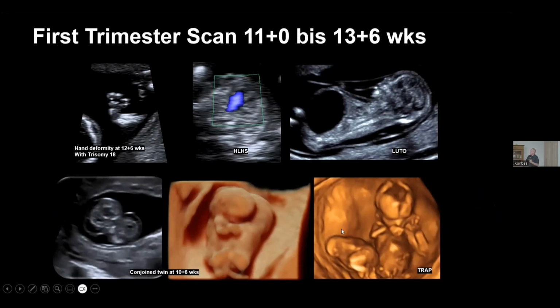We have here also a few cases. That was a hand deformity very early. The case was trisomy 18, not a good prognosis. We have a hypoplastic left heart syndrome detected at 12 weeks. And we have also some cases that were a typical example for a LUTO, lower urinary tract obstruction.